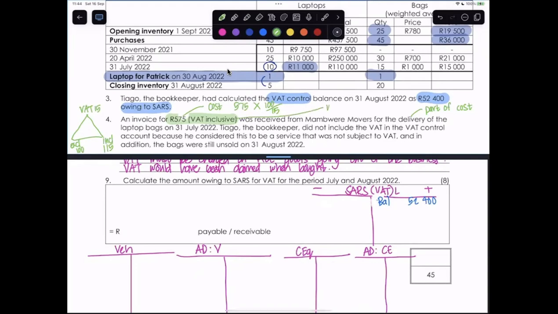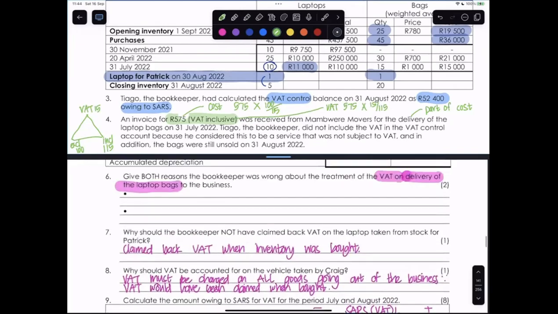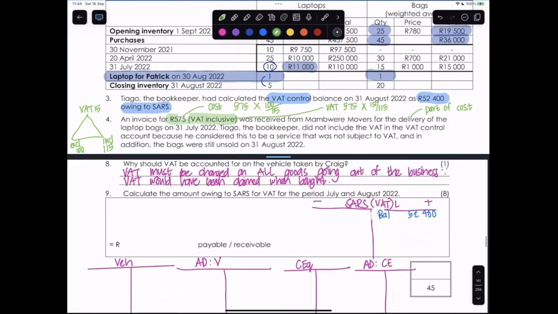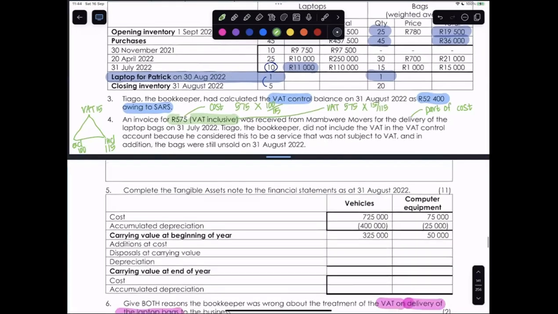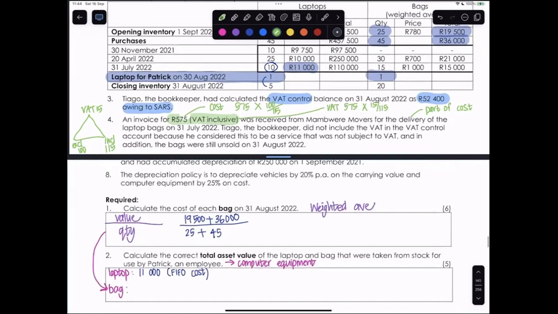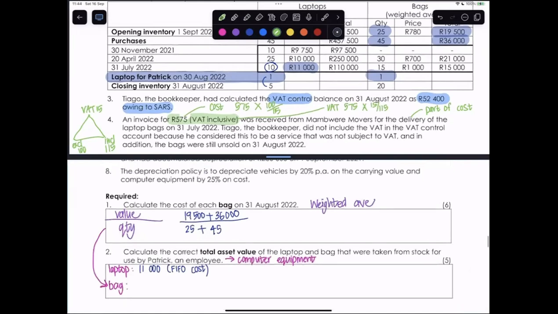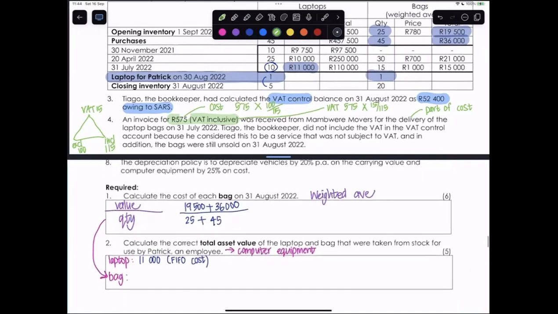The VAT amount would be calculated in exactly the same way, 575 times, but this time you're looking for the 15 over the 115. And using those calculations, you'll then be able to get the figures that you'll need for the cost of the delivery, which we'd need to add into the cost of the laptops or the laptop bags.